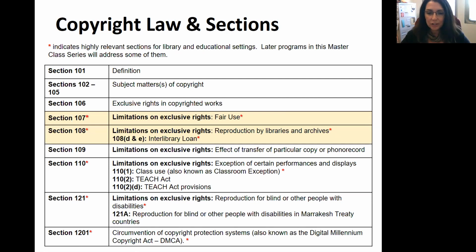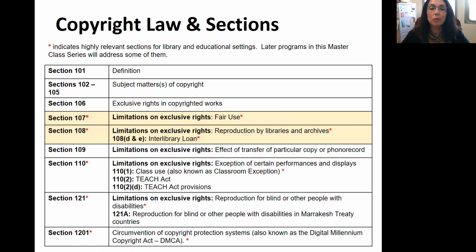And then you've got the TEACH Act. FAU does not use the TEACH Act because there are certain provisions and requirements that the institution has to have in place to do that. But if you were to move on to some place that does use it, it's good to know. And then you've got Section 121, which is the reproduction for blind or other people with disabilities.